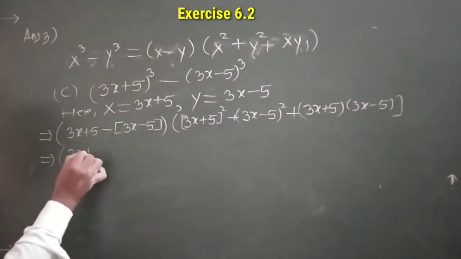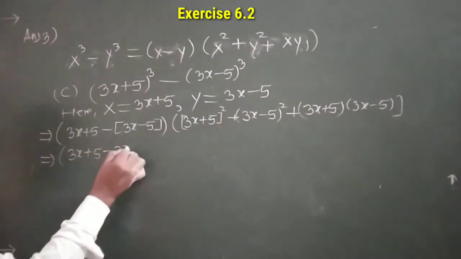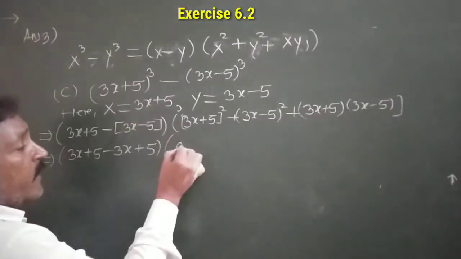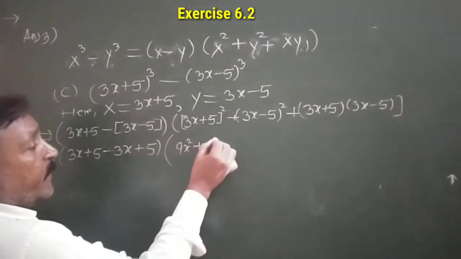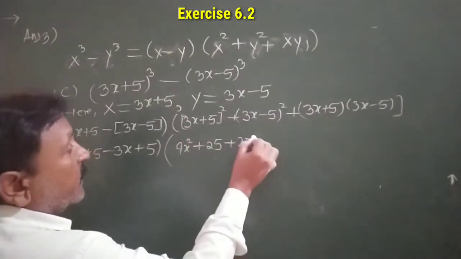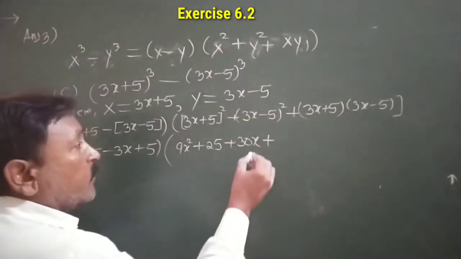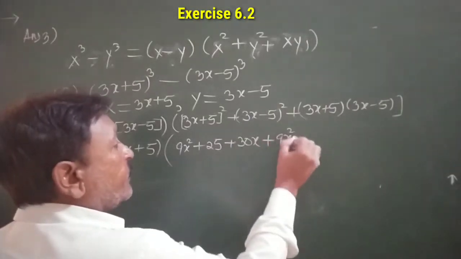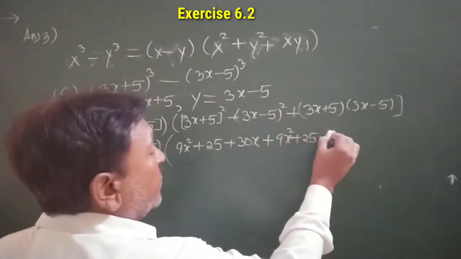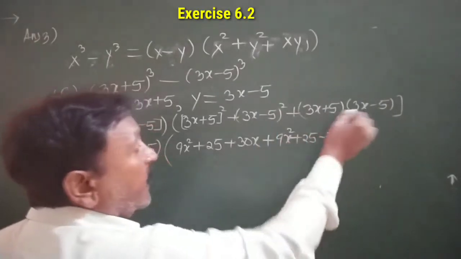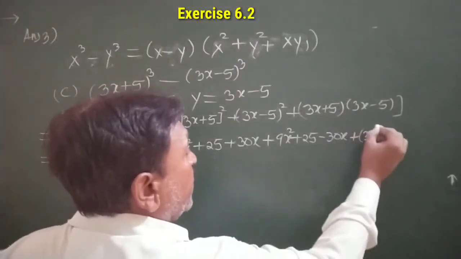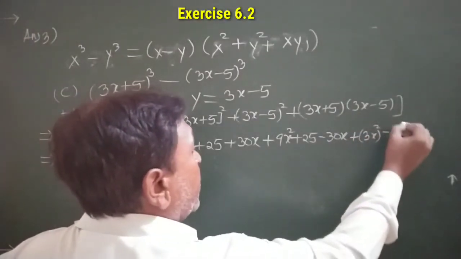Yes. Open the bracket. Minus 3x plus 5: it is a square plus b square plus 2ab, 5 is a 15, 15 2 is a 30x. Here also a square plus b square minus 2ab, so 15, 15 2 is a 30x. It will become a square minus b square, means 3x square minus 5 square.